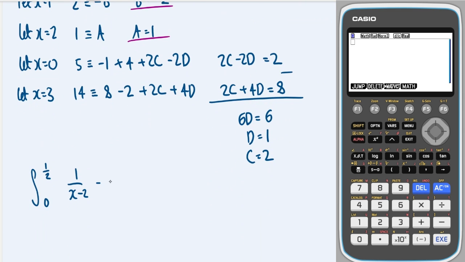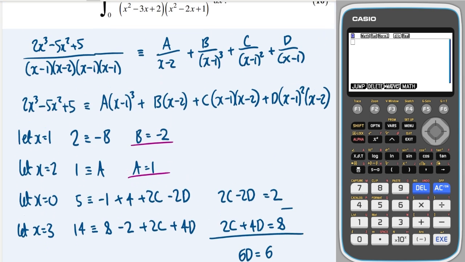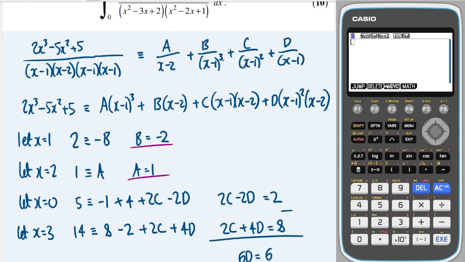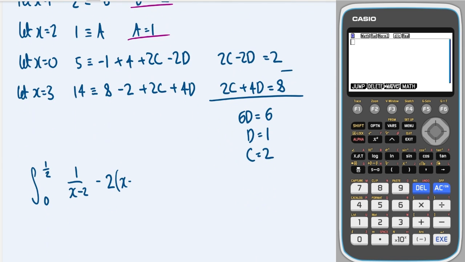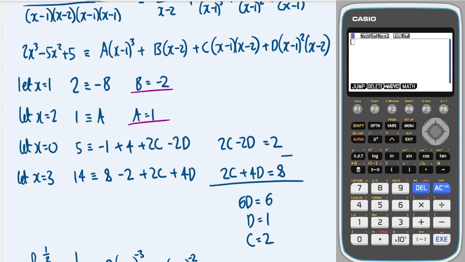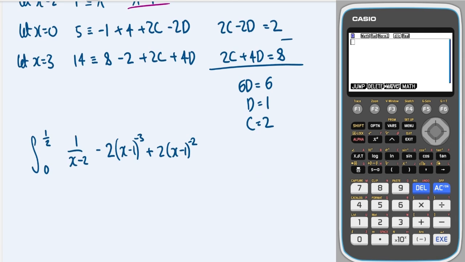B is minus 2, and these ones because you've got a power on the bottom, the best way to integrate that is just to write it as a negative power on the top. So b was minus 2, and that was x minus 1 to the power of minus 3. And c is 2, and that would be x minus 1 to the power of minus 2. And the last one is just 1 is d, so 1 over x minus 1.